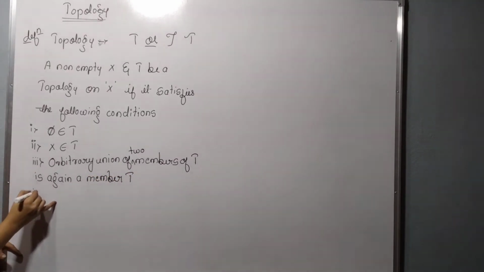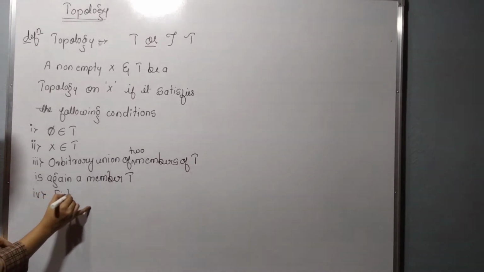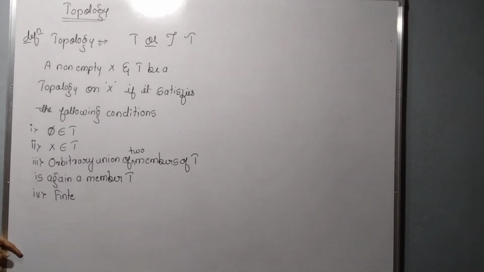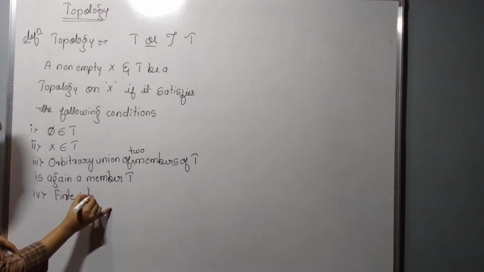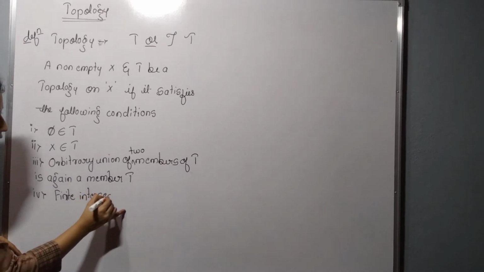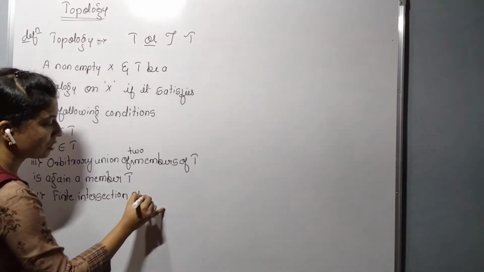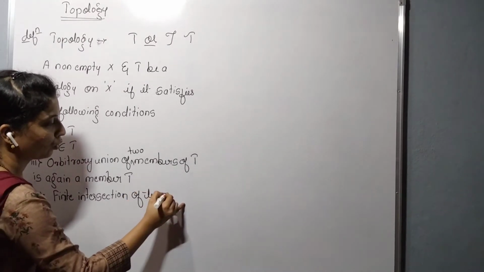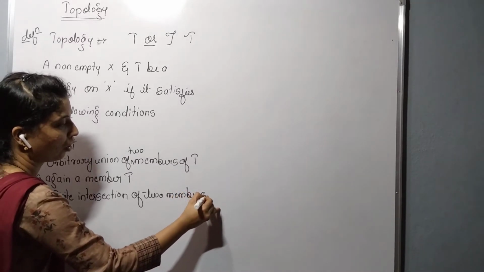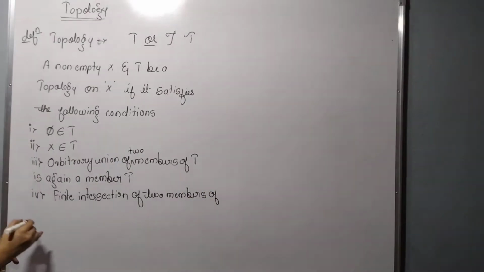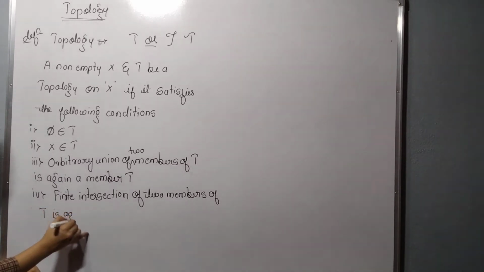Then fourth condition is finite intersection of two members of tau is again a member of tau.